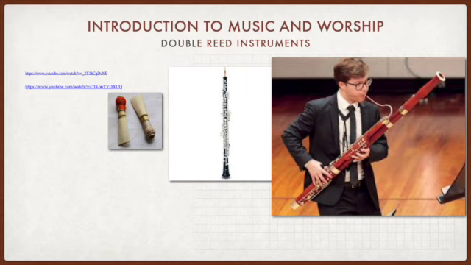Next, we have the double reed instruments. The oboe and the bassoon and the English horn are called double reed instruments. A double reed is a reed consisting of two pieces, as you see in this photograph, two pieces of cane that are bound together and vibrate against each other.